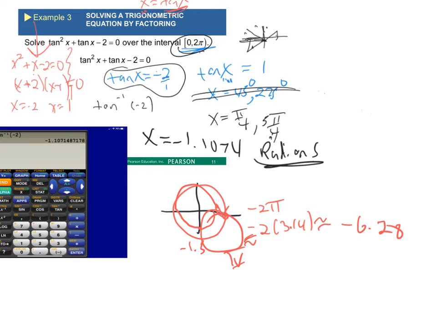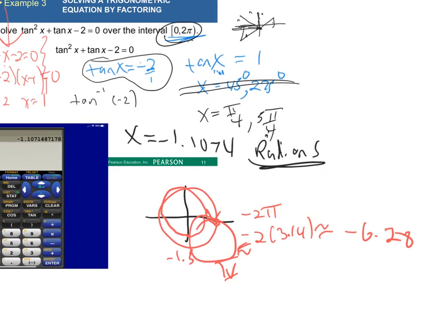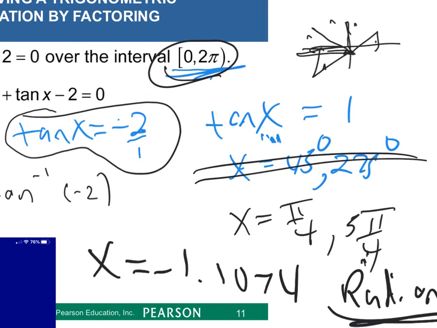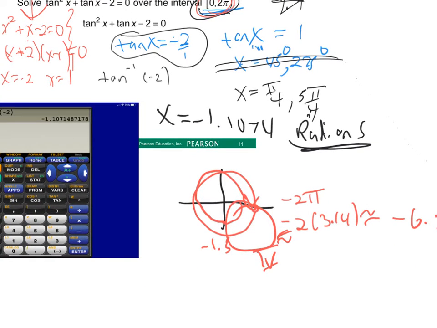Now, that's not a big deal, except that's one of your answers, except he only wants us to go from 0 to 2 pi. So the question I would ask you is, where else is tangent of something negative? Tangent is negative also in this quadrant.